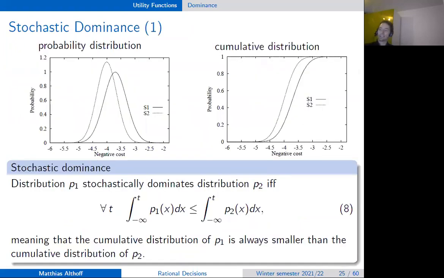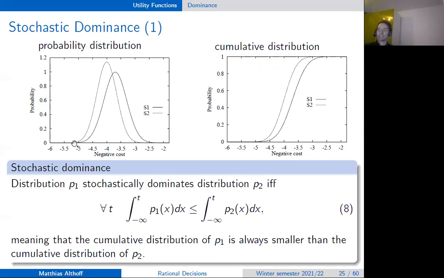Good. So a type of dominance that occurs more often in practice, or rather often actually, is stochastic dominance. So what does it mean? We're using negative values now because this makes the definitions a little bit easier, meaning that a more negative value is better here.